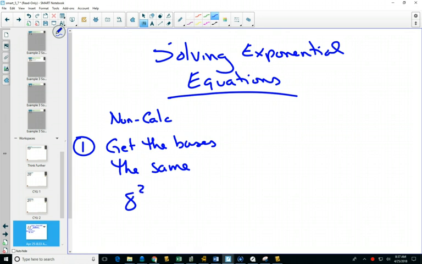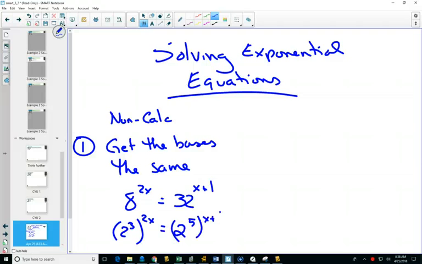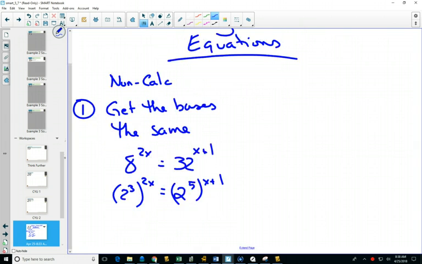You might have 8^(2x) equals 32^(x+1). And the fact that you can change both the 8 and the 32 to bases of 2, then you just need to use your exponent laws to get a single power of base 2 on both sides, and then you could solve it. Let's solve it all.